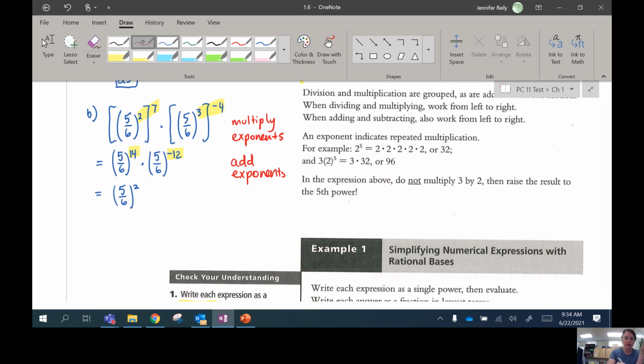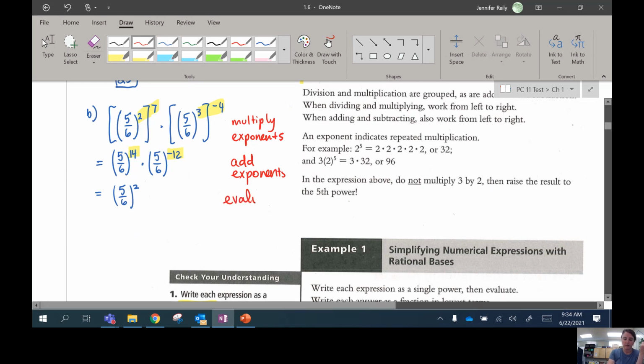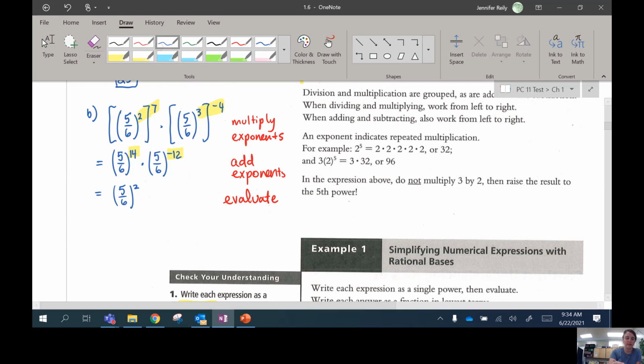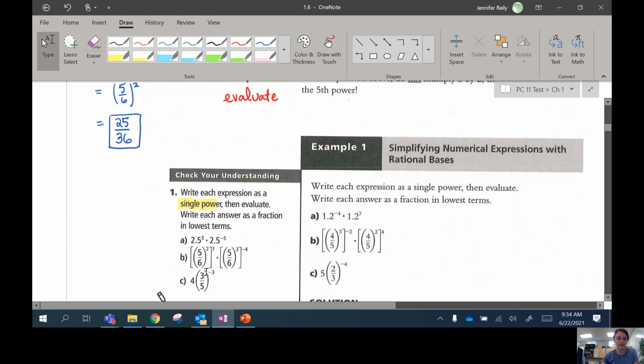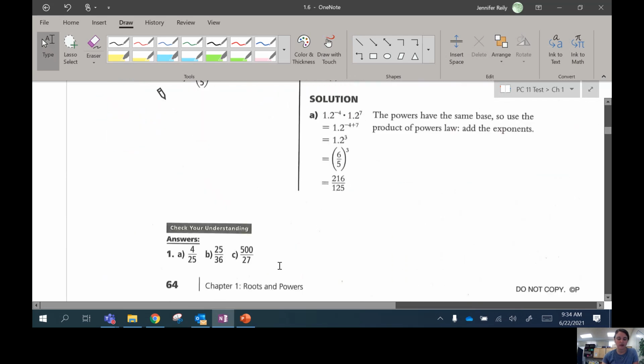And finally, we get to evaluate. You want to use the laws to make it as simple as possible, because then it's much, much easier and less work to evaluate at the end. 5 times 5 is 25. 6 times 6 is 36. And that's our answer.